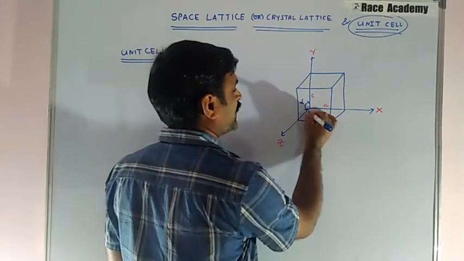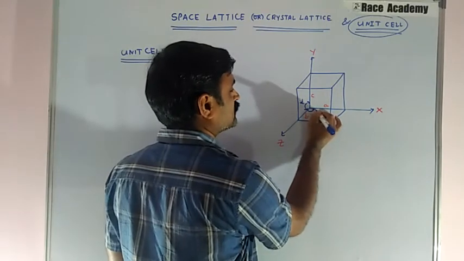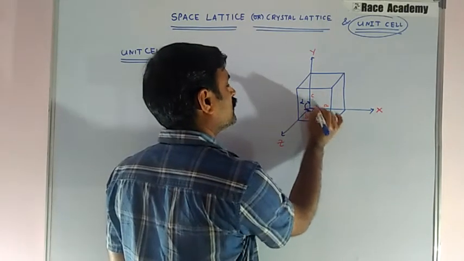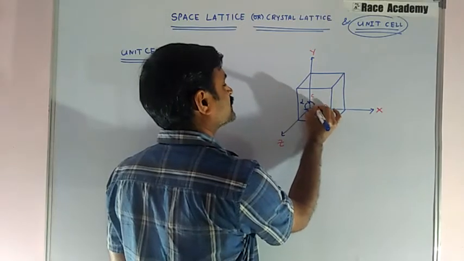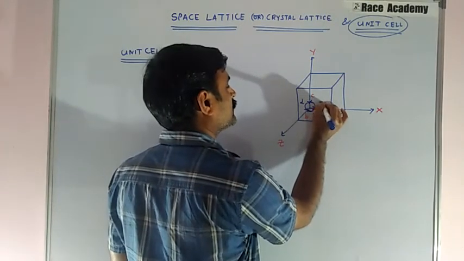And between A and B, consider that as gamma. Between A and C, that is beta.